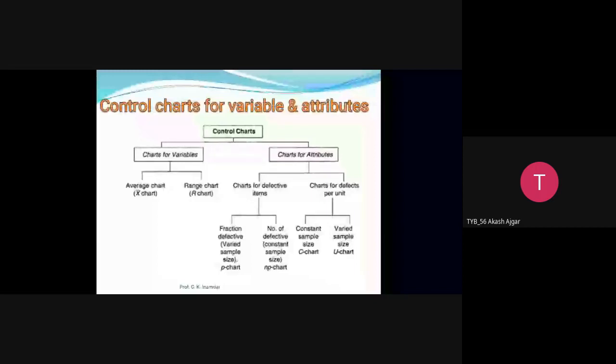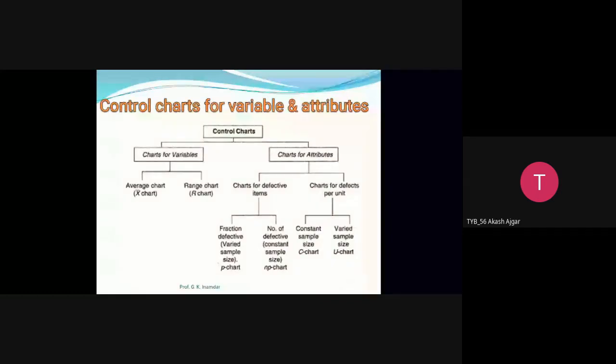Okay, so that is called the NP chart. And the defects per unit are again divided into two types, that is a constant sample size, the C chart, and a varied sample size, the U chart. Okay, so we have seen till now 6 subtypes of these variable and attribute charts. Basically variables have two types, X bar and R, and charts for the attributes are the P chart, NP chart, C chart, and U chart.